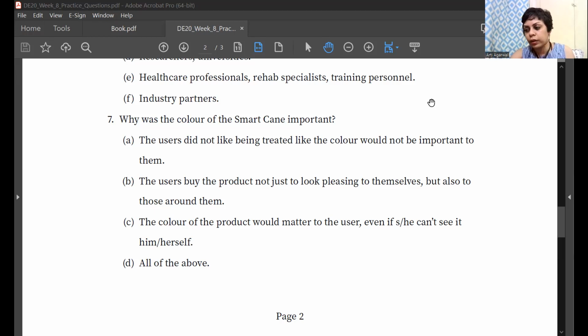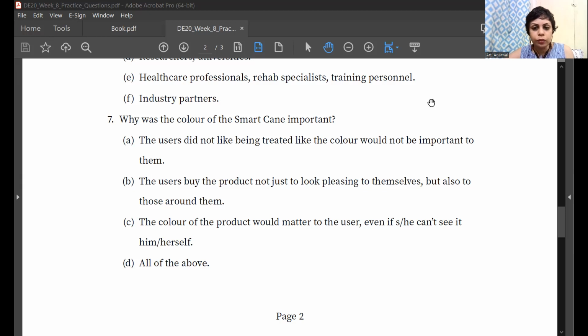So it's not like the color would not matter, because they are still people, they still have certain preferences, they still have likes and dislikes, and they still are a part of the same society which you and I live in. So why should a color not be important to them just because they are not physically seeing it? They know what yellow is, they know what black is. It's not that they don't know what it is, it's that they're not able to physically see it.